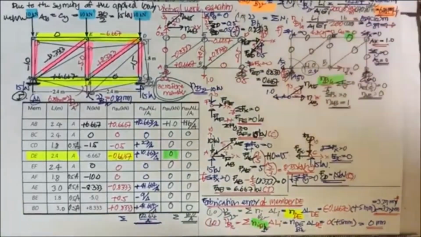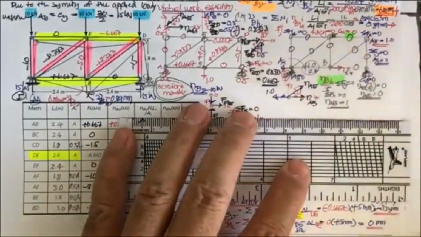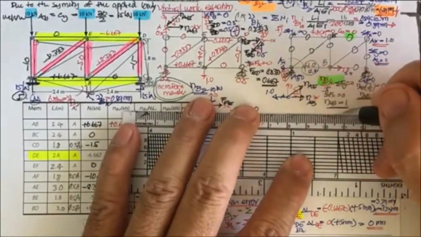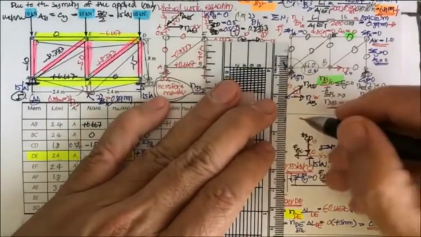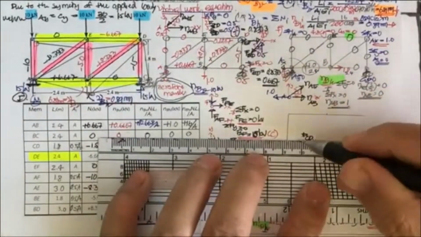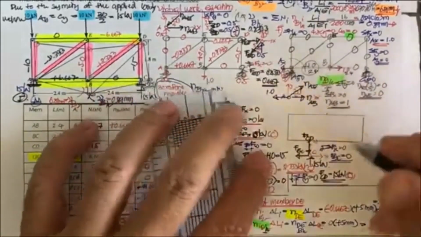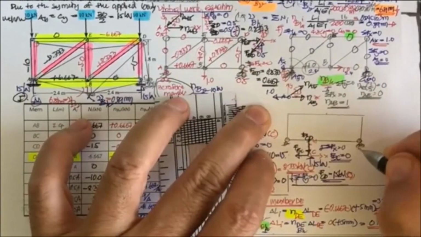And if you like, you may draw this picture. What you have is the elastic curve of this. This is going to be pin, this is going to be roller.